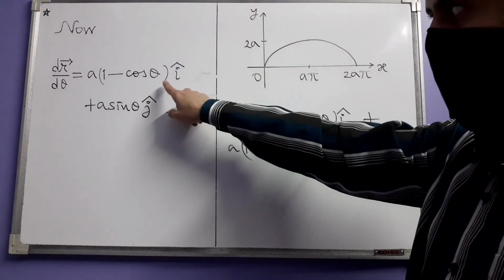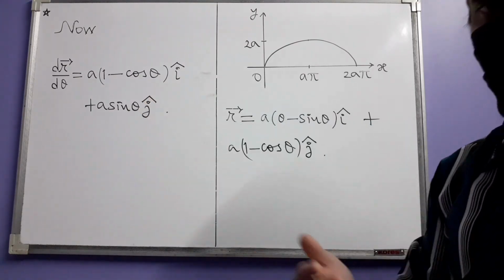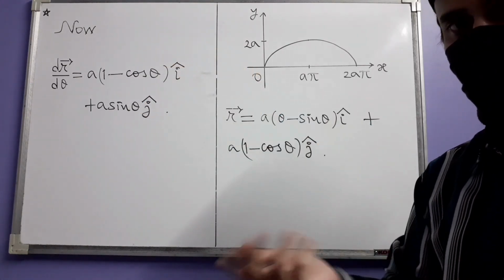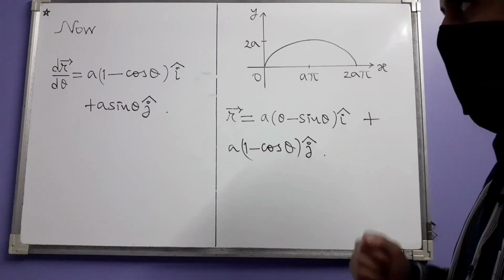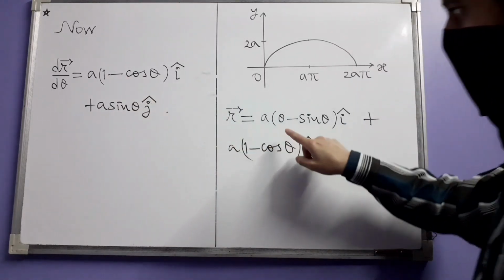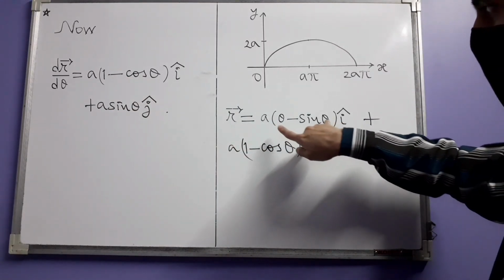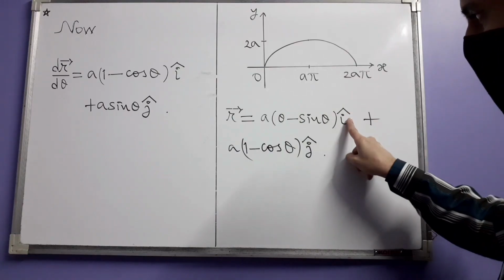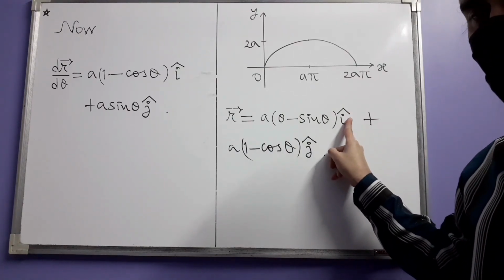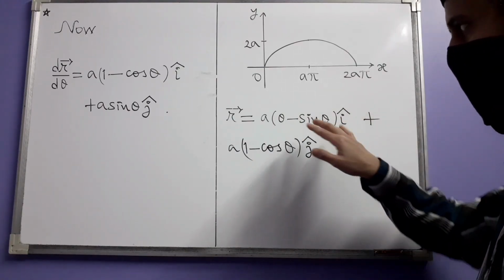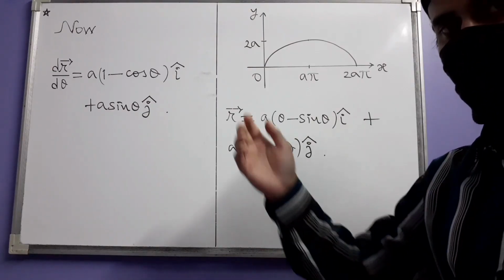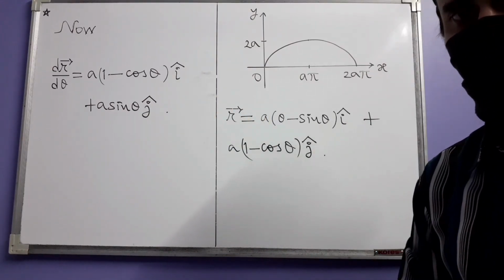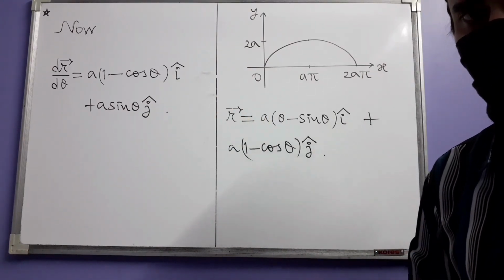So although you should really ideally use the laws for differentiating vector functions, when differentiating a term you keep i intact and differentiate the component, and in the next term you keep the component intact and differentiate i, but that term vanishes because i is constant, it does not change with theta.